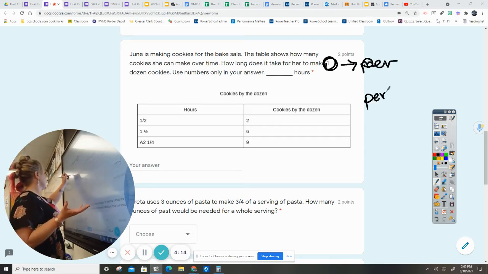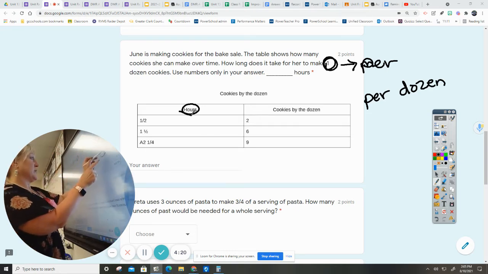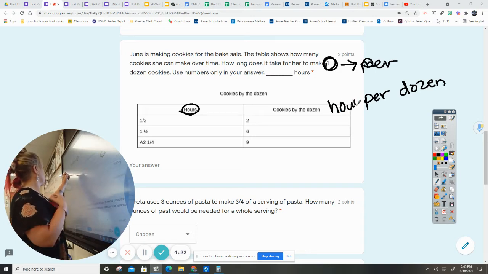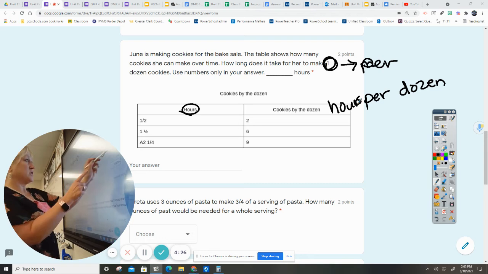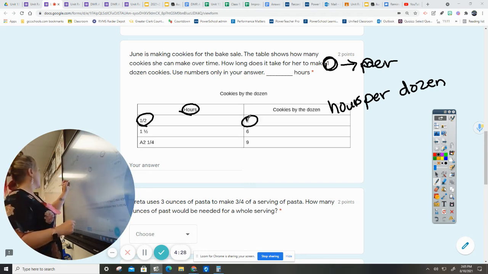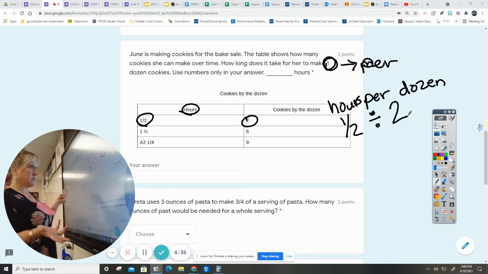What's the other half? Hours, because I'm using my table. So let's fill it in. I'm going to choose these two numbers. 1/2 hour. Per means divide. 2 dozen. So I've just substituted in what the table has told me.